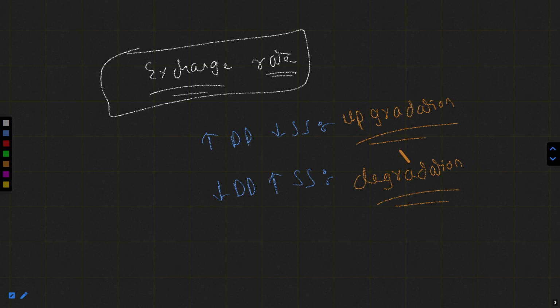Okay, and the golden rule which we had discussed. Before that, one thing: first we have the weak currency, then we have the strong currency.